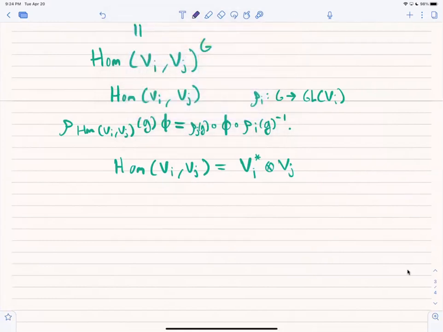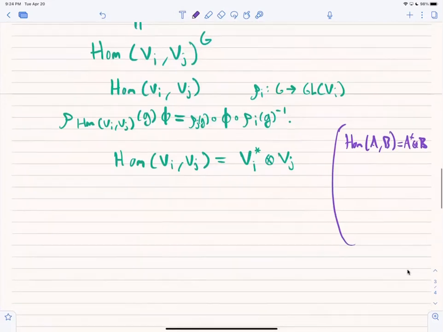This is something completely general, this equality for vector spaces. So Hom A, B, where A and B are vector spaces, is A dual tensor B.